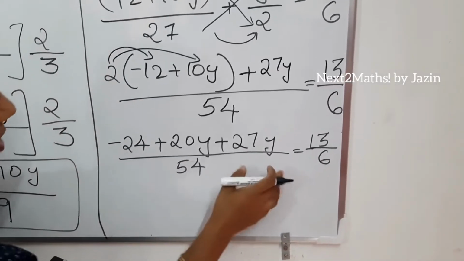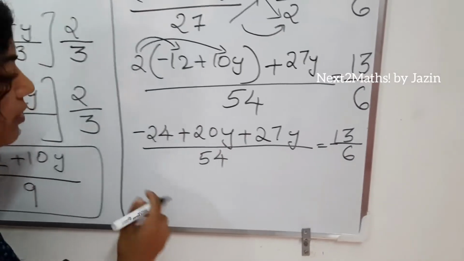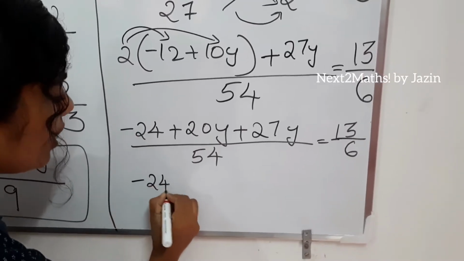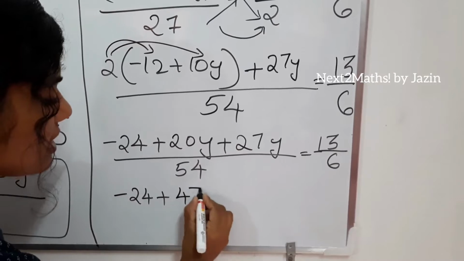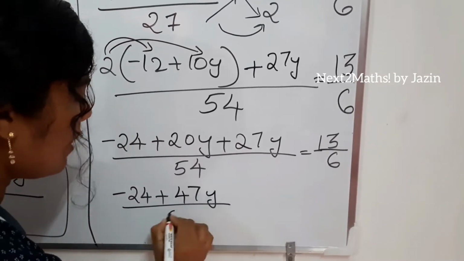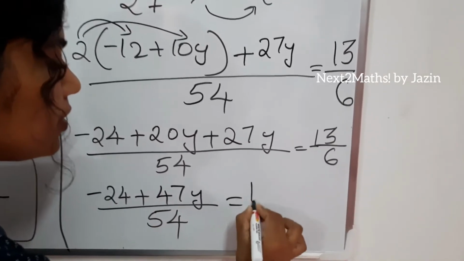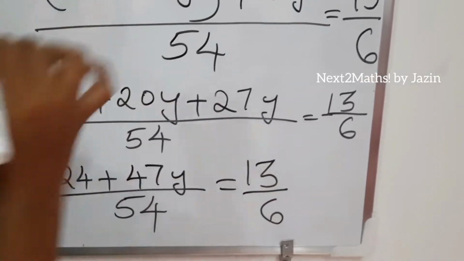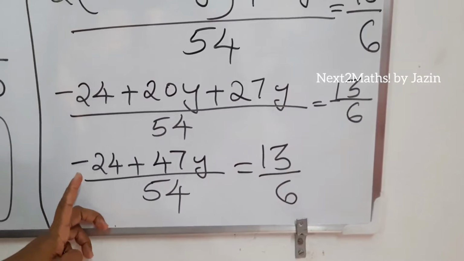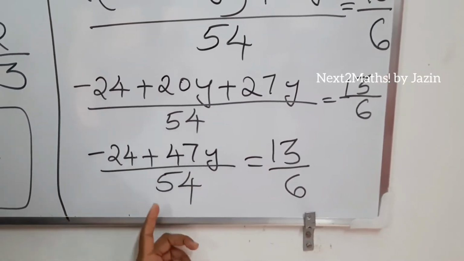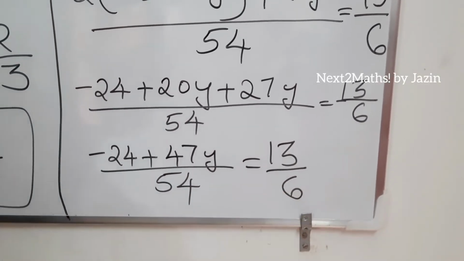Now we can do one more step. Minus 24 plus 20y plus 27y is 47y, divided by 54 equals 13 by 6. Now we got it like this: minus 24 plus 47y by 54 equals 13 by 6.